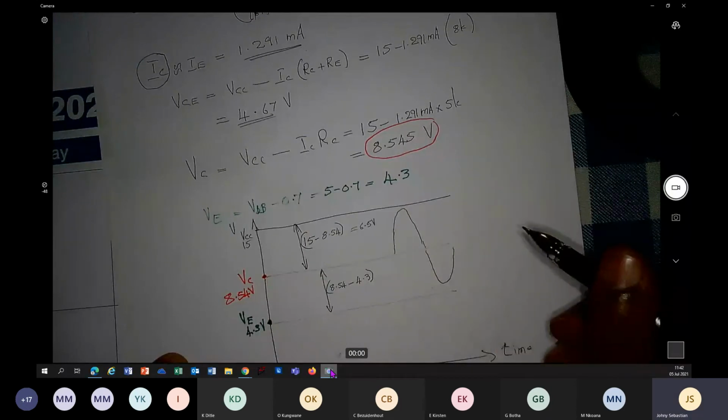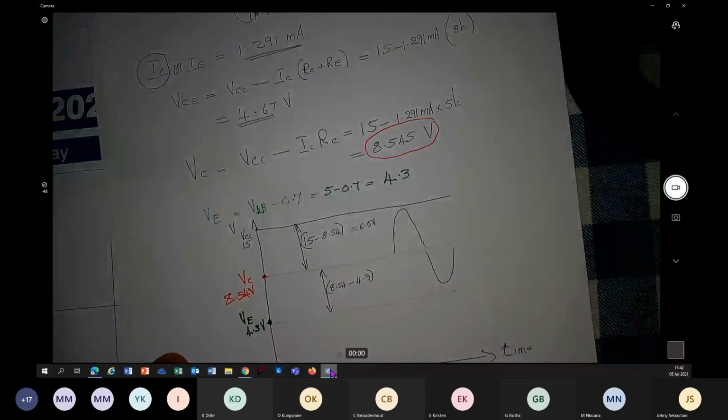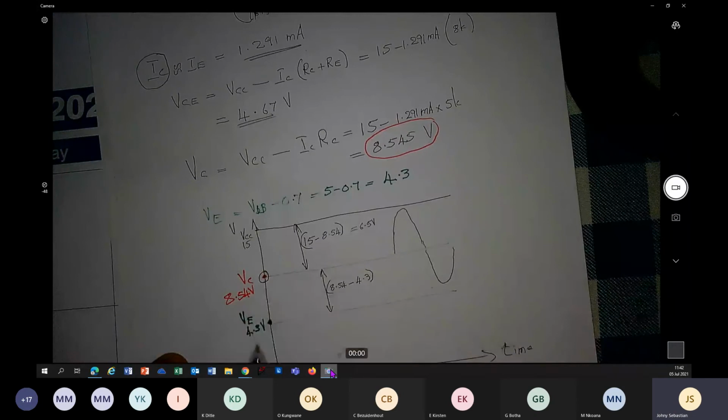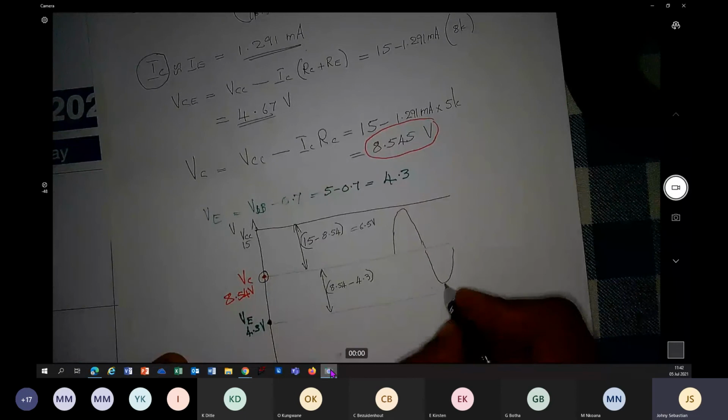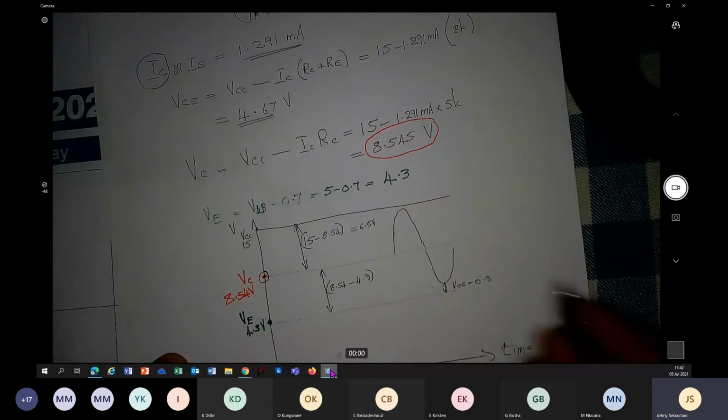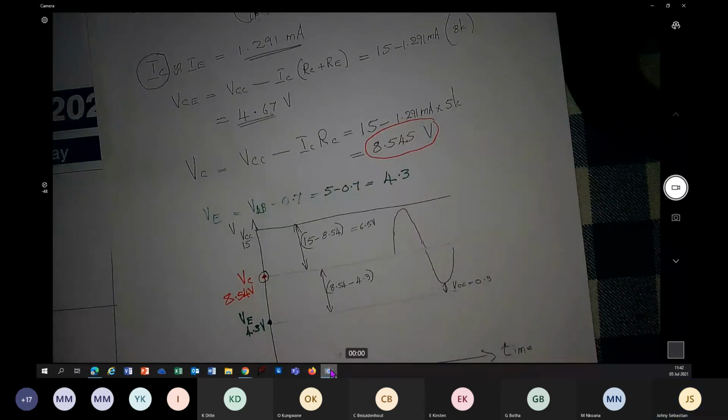So if you really want maximum signal swing in this case, your VC must be selected exactly in the middle of these two. And again, we may need to leave a VCE equal to 0.3 so that BJT will not enter into saturation.